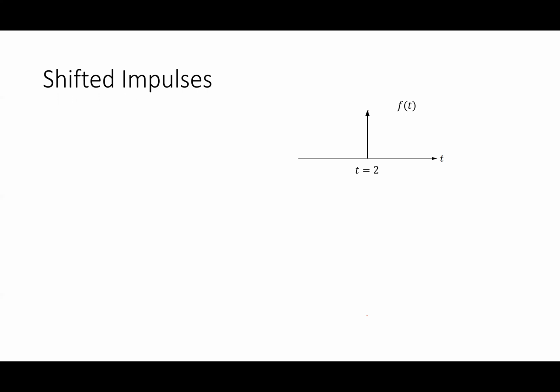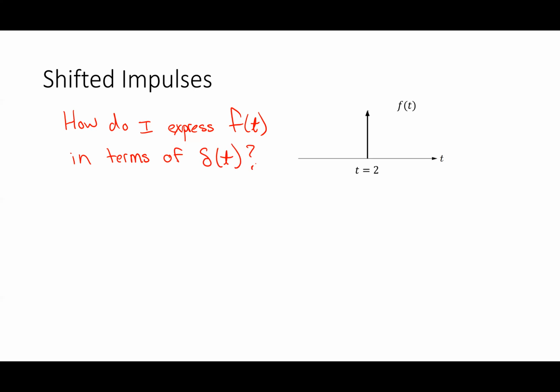The question I have is, how do I express f of t in terms of delta of t? How would I do that in this case? It's at t equal to 2, right? So I've manipulated the t-axis value.